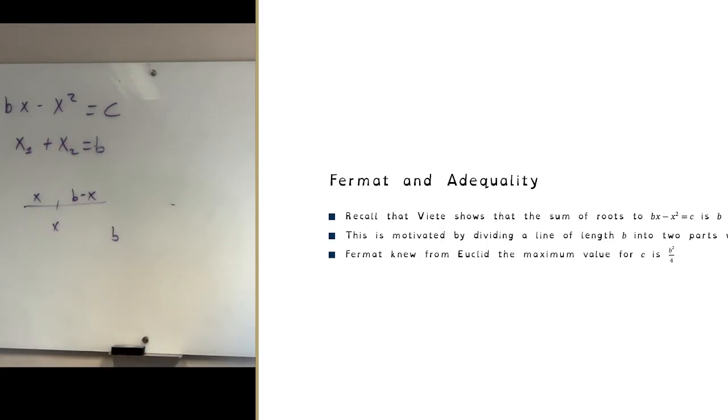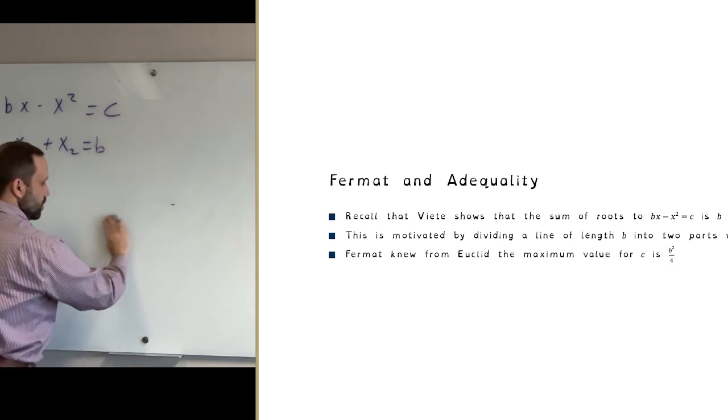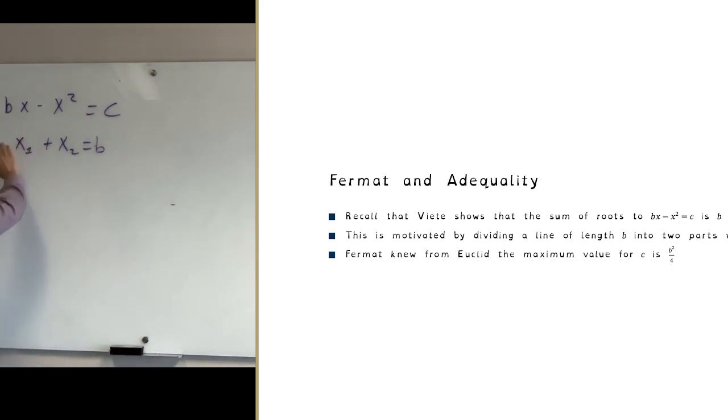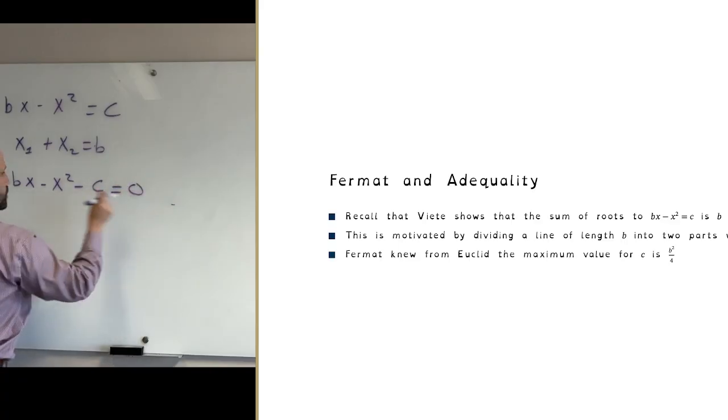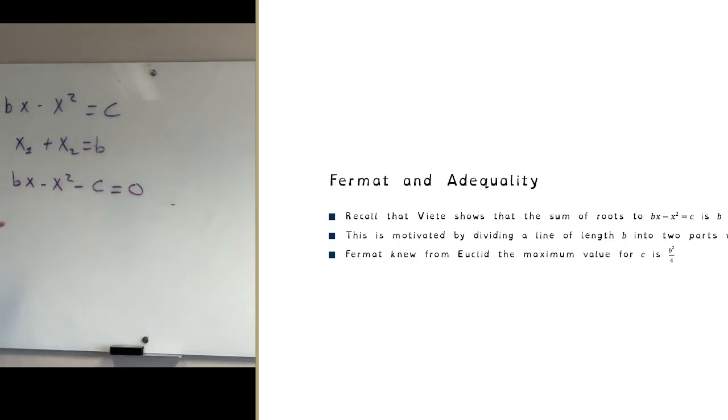Let's keep this in mind, but let's now change our perspective just a little bit. Let's think about if we were to move the c over here. We're going to have bx minus x squared minus c is equal to 0.